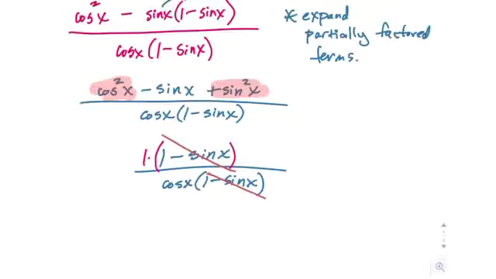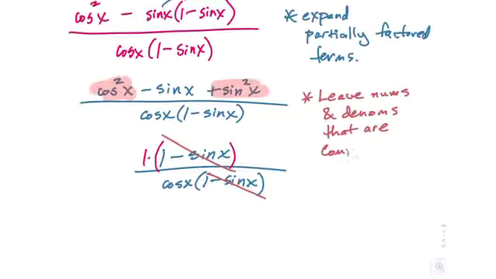Okay, so let me add that strategy. Expand partially factored terms, and then another one: leave numerators and denominators that are completely factored alone until there's a need to expand them.